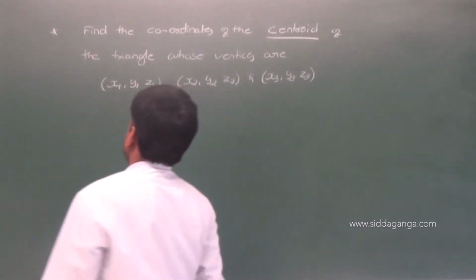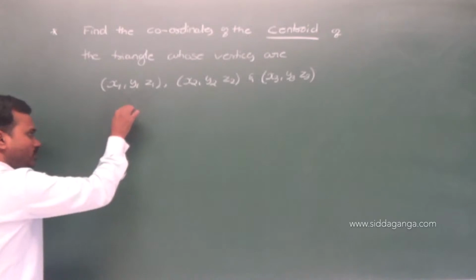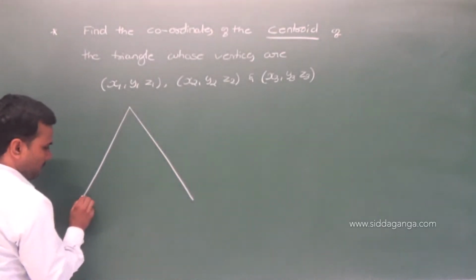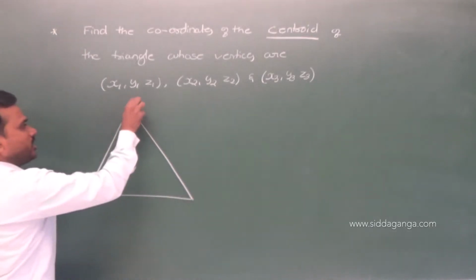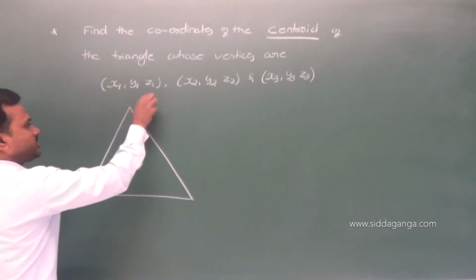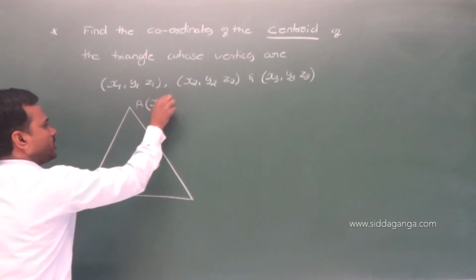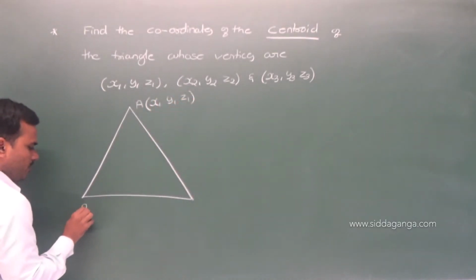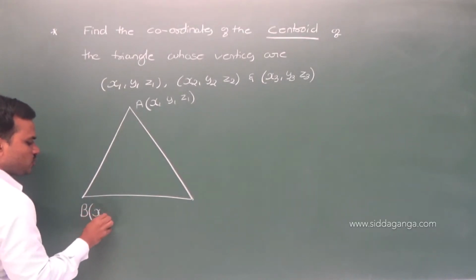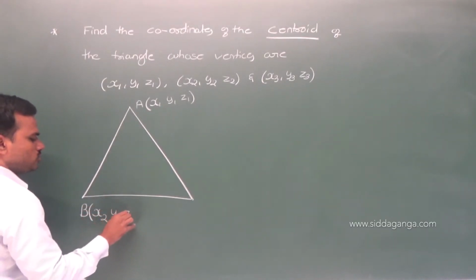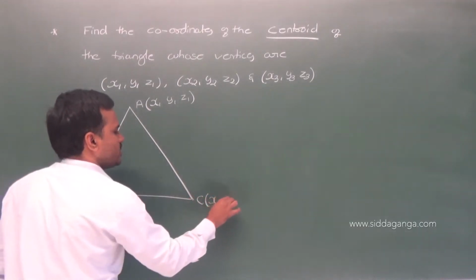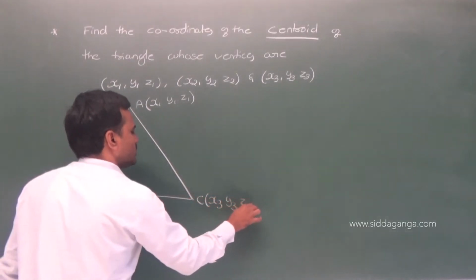So observe here. First, we draw the triangle. A vertex x1, y1, z1. B vertex x2, y2, z2 and C vertex x3, y3, z3.